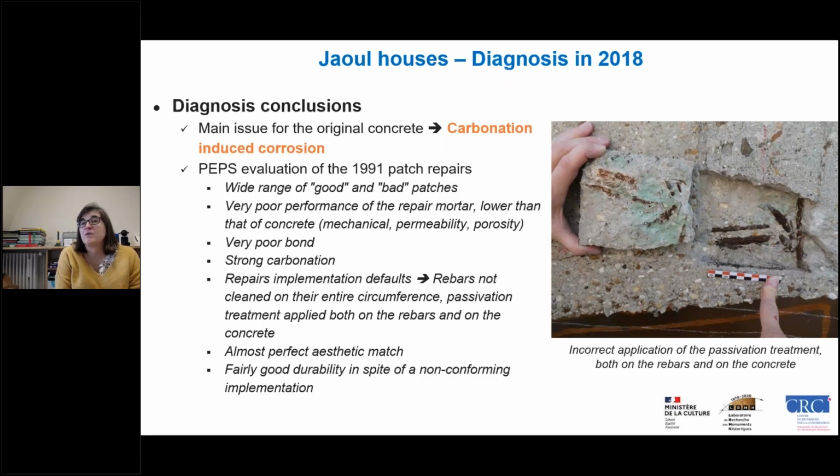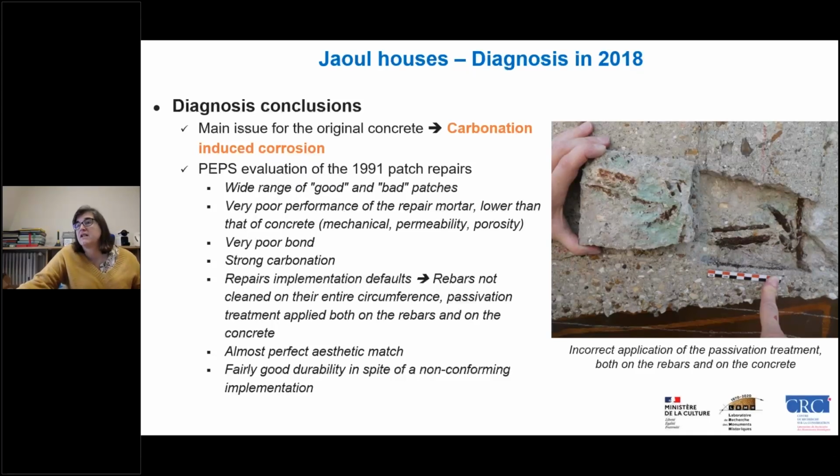So there, the evaluation of the patches showed that we had a wide range of quality of the patches, from good to bad. We had very poor performances of the repair mortar, which were lower than that of the concrete. We've seen that: more porous, very poor bond, strong carbonation, and we had repair implementation defaults.